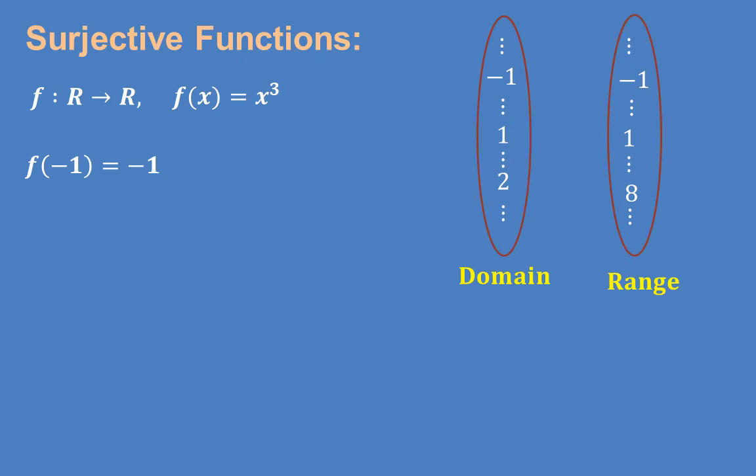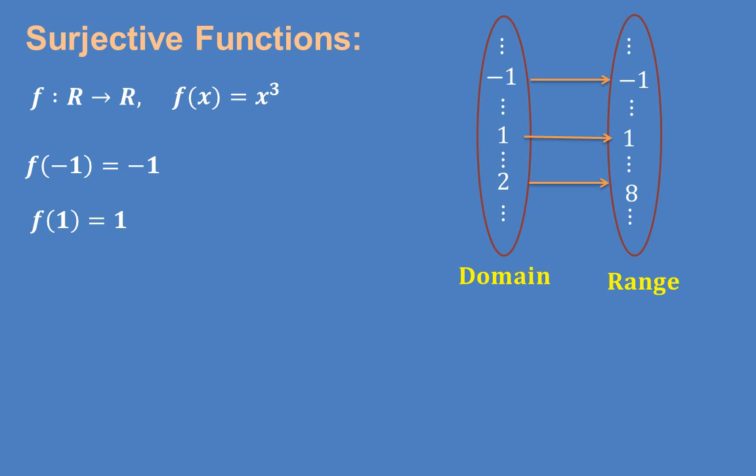Here, f of -1 equals -1. And f of 1 equals 1. And f of 2 equals 8. And what do you notice in these arrows? Yes, every arrow goes from only one value to only one value. And every possible output value has a corresponding input value.